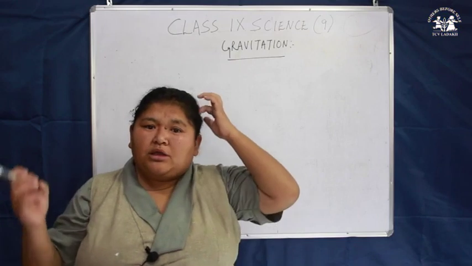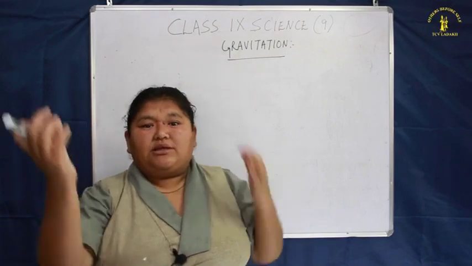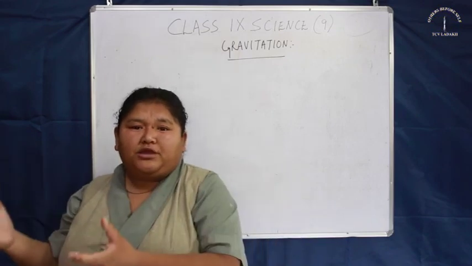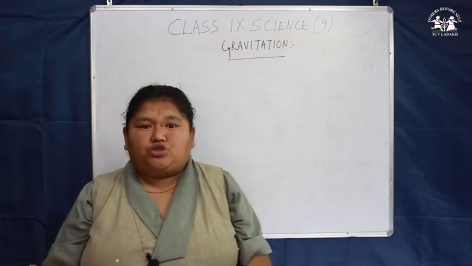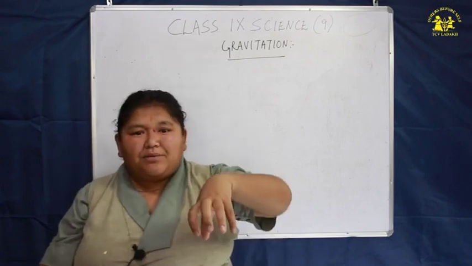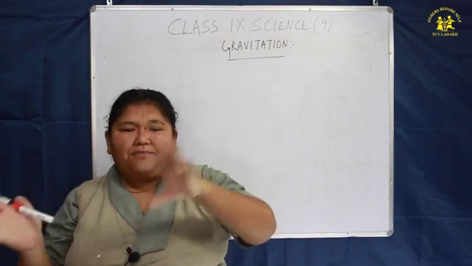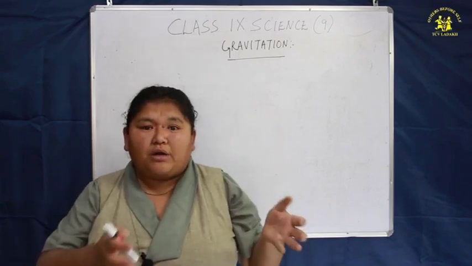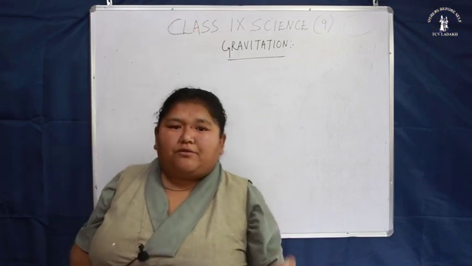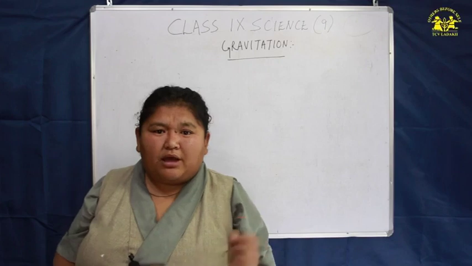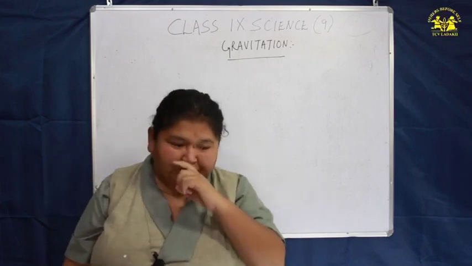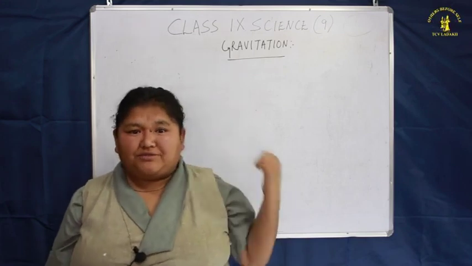The mass of the earth compared to the mass of the apple is very large, so the effect is not evident, but equal amounts of force are being exerted. Okay, so that is all about gravitation.